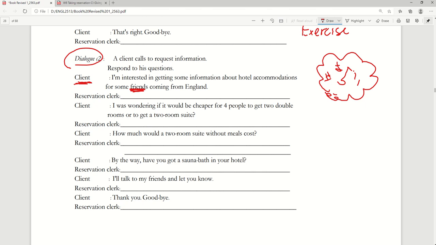So now you are a hotel staff, a reservation clerk answering a call. So what should be right here? After you pick up a call, what should be the first sentence that you have to speak to guests? So it should be the first thing.